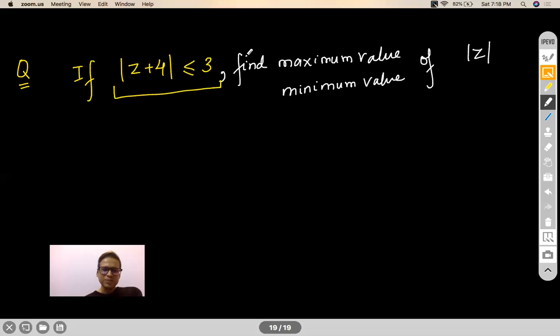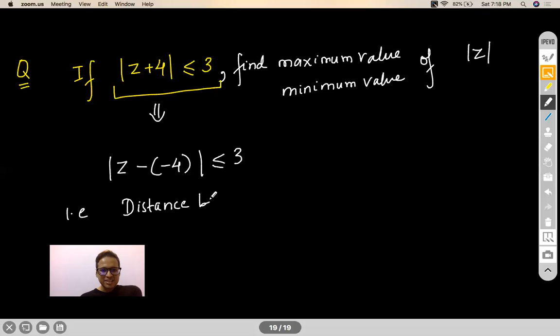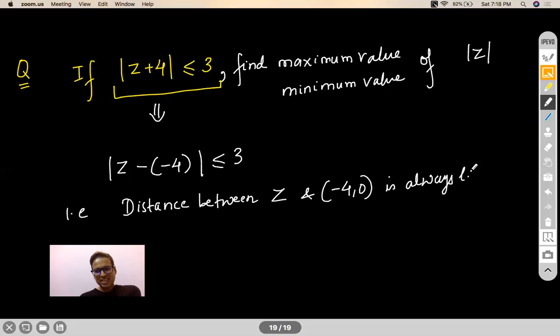How do you see this? That is more important. Now, I see this operation as if it says this to me: z is a complex number such that the distance between z and the point (-4, 0) is always less than or equal to 3.